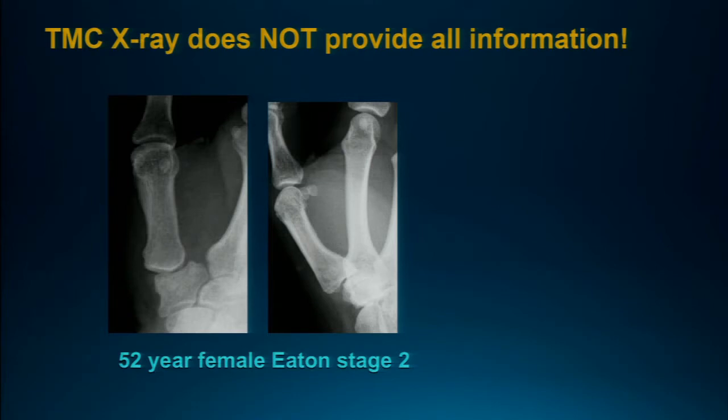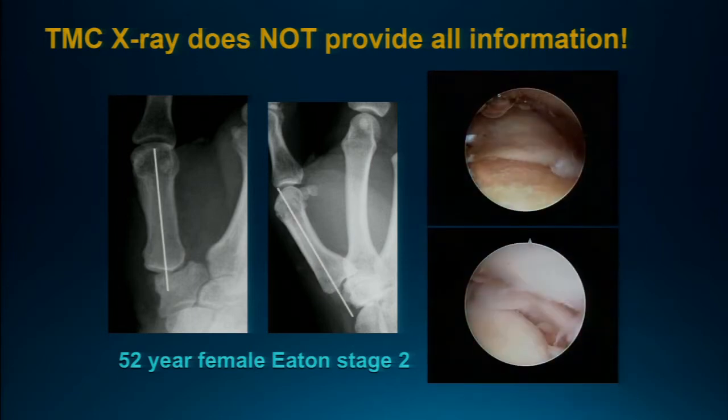But I'd like to say that the Eaton classification does not provide all the information because there is some discrepancy between the X-ray and arthroscopy. Even with mild OA at this site, the patient may have no cartilage, or half of the cartilage may be gone, so we should be careful about that.